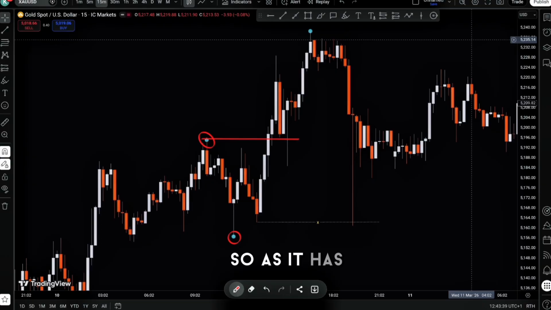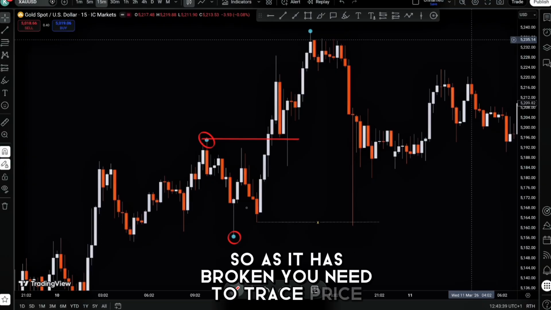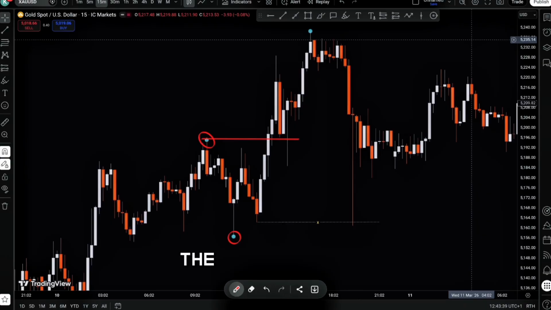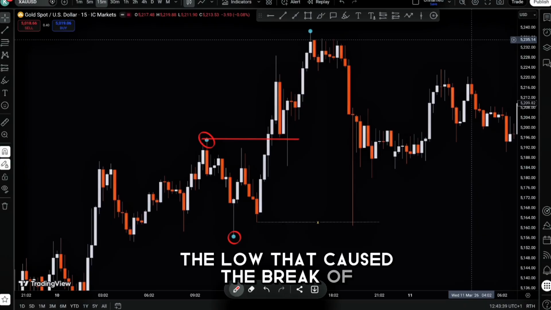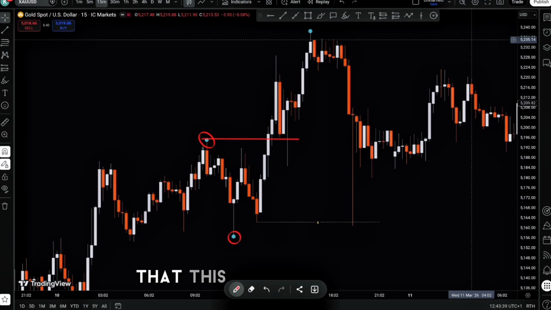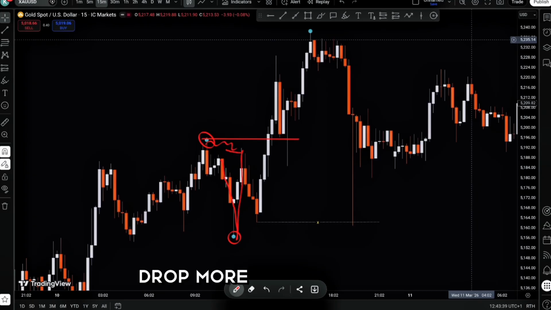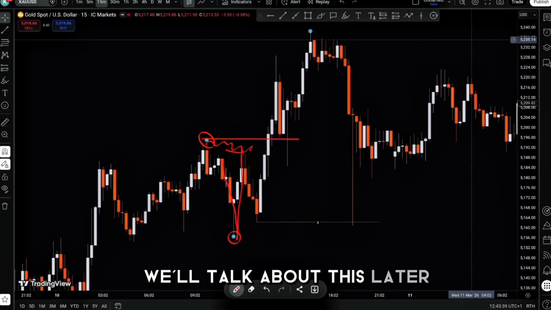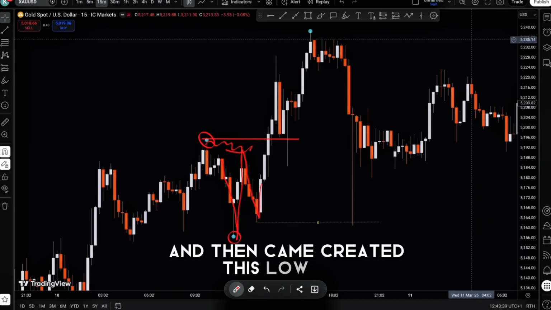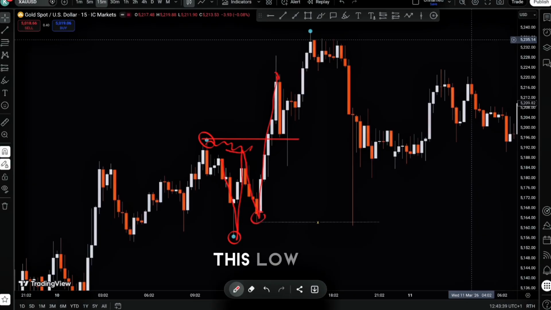So as it has broken, you need to trace price and see the low that caused the break of that structure high here. So price came from here, it went back, dropped more liquidity into this, we'll talk about this later, and then came, created this low and went all the way up. So if you look at it, this low is the low that caused the break. Hence, this low is the liquidity.